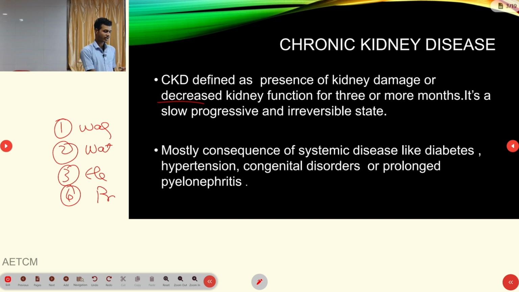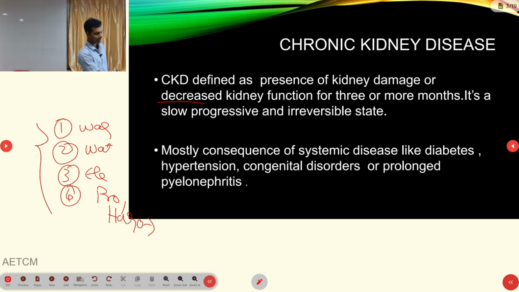Proteins like erythropoietin take a role in your hemoglobin production, and some hormones also are secreted by the kidney that take part in systemic regulation and blood pressure regulation. So whenever a person gets AKI or CKD, these functions will be disturbed. Okay, so this is the CKD definition.